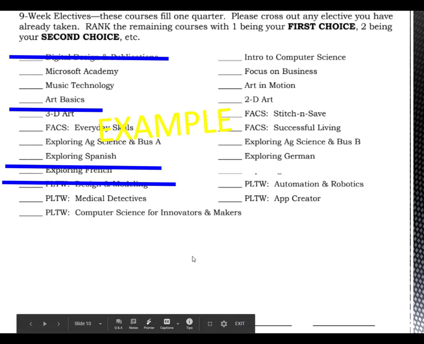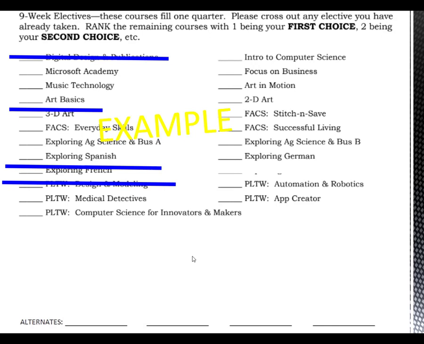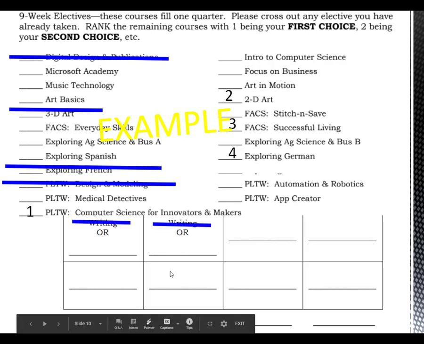Depending on how many open boxes you have on the back side of your sheet is how many courses you need to number. And then you're going to rank them with the class that you want the most with a 1, 2, 3, 4. Then you're going to write them on the back side of your sheet, one class in each box.